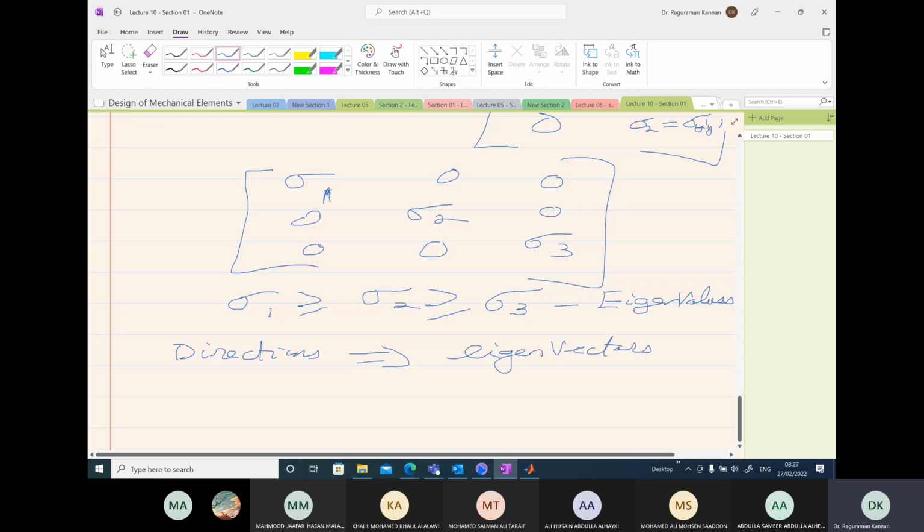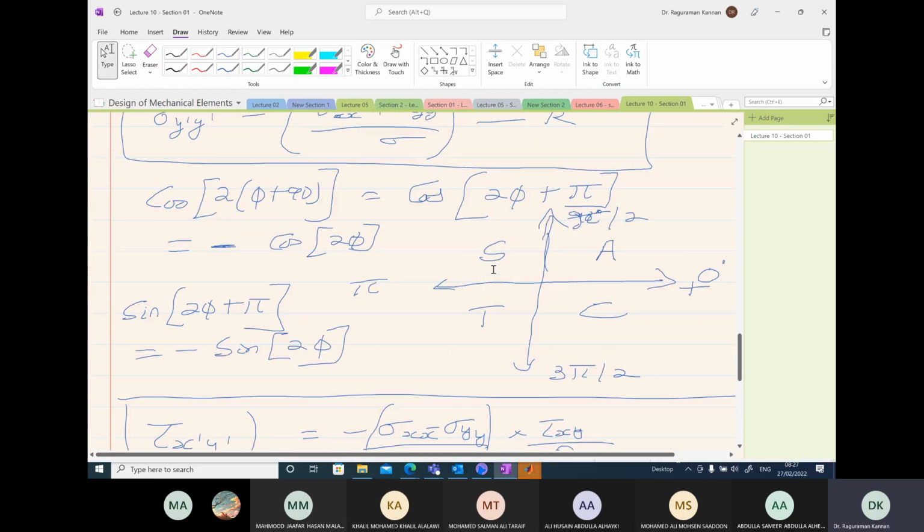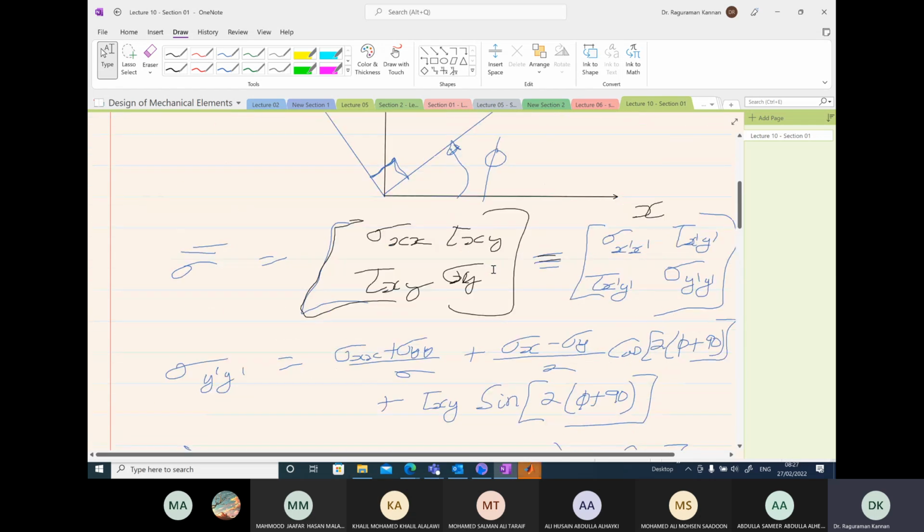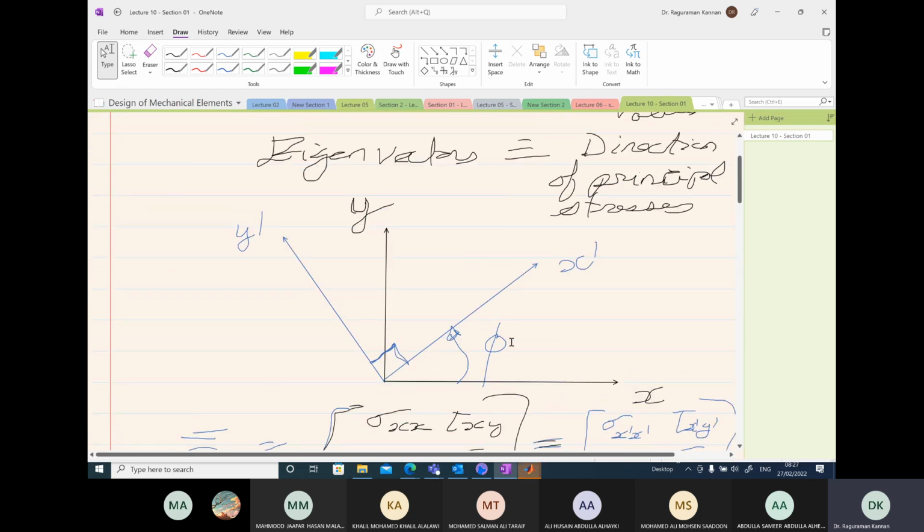Eigenvectors in 3D. How did we get directions in the 2D case? It's very easy. In the 2D case, we just get the angle phi. In 3D, we will need 3 different angles. So this is for 2D.